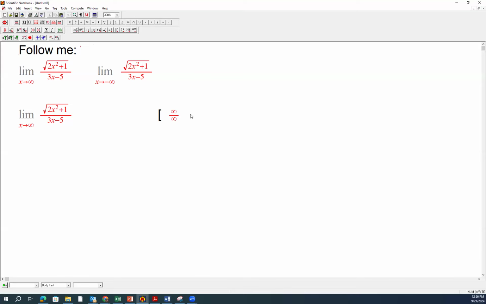Infinity over infinity does not equal infinity, and does not equal 1. It is an uncertain form, an indeterminate form.